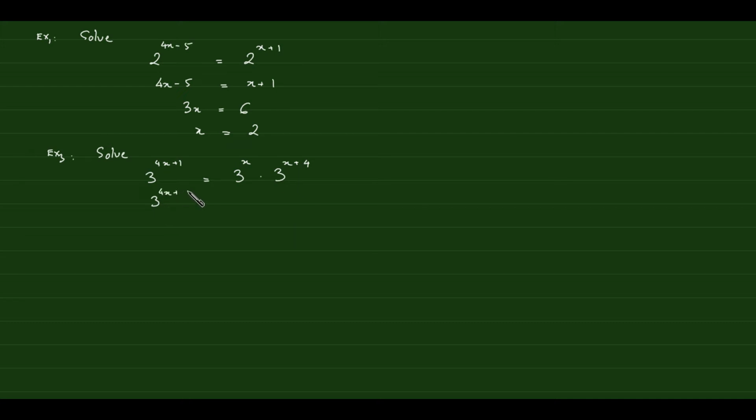So the left one is good already. Now I have to combine this. I don't know if you guys still remember: when you have the same base multiplied with each other, then we gotta add the exponents. So that gives you 3x plus x, which is 2x plus 4. That is one of the exponential formulas we already learned. The first time you learned how to simplify exponential expressions, remember we have x to the n times x to the m is x to the n plus m.